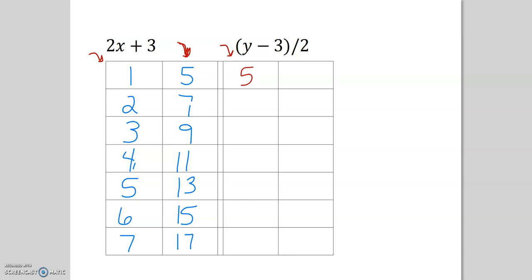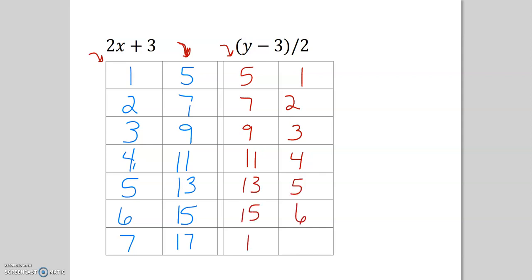Well, when I put 5 into here, I get 5 minus 3, which is 2, divided by 2 is 1. When I put 7 in here, I get 7 minus 3, which is 4, divided by 2, which is 2. When I put 9 in here, I get 9 minus 3, which is 6, divided by 2, which is 3. And you can see a pattern here: when I take my output of the other one, it takes me right back to the input of the first one.